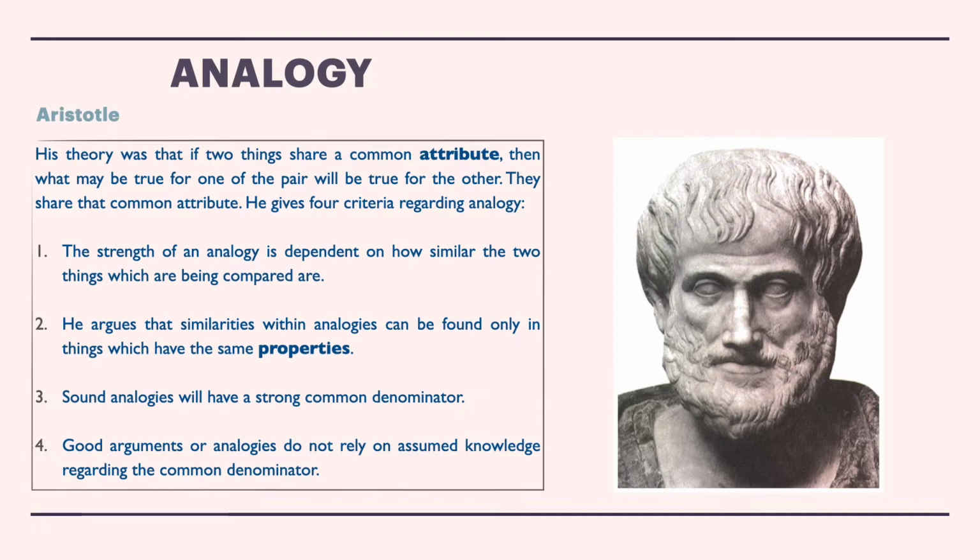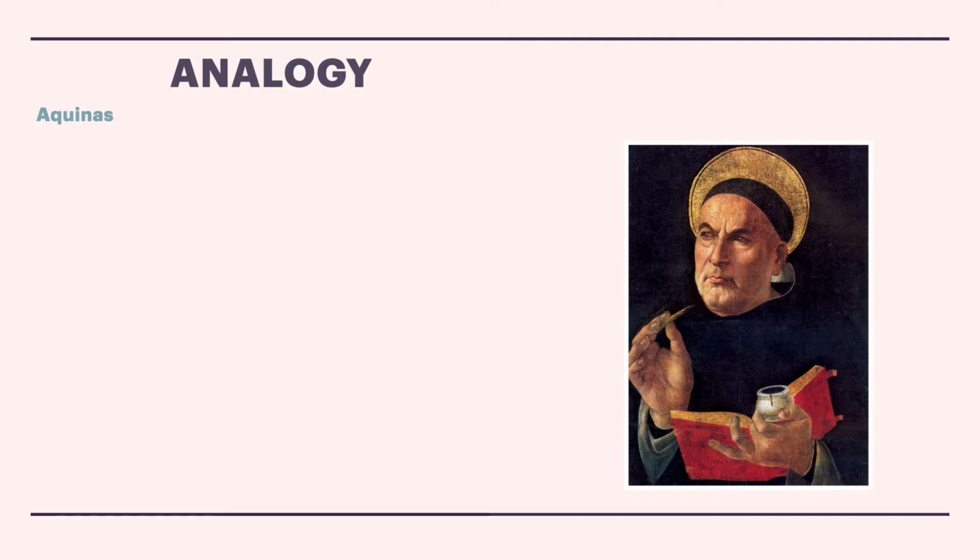Now, at this stage, it's worth pointing out that we're going to see how Aquinas a bit later on attempts to take common attributes that we as humans experience with God as well in the mix, and comparing those attributes, finding some common denominator. So the work of Aristotle here clearly influences the likes of Aquinas.